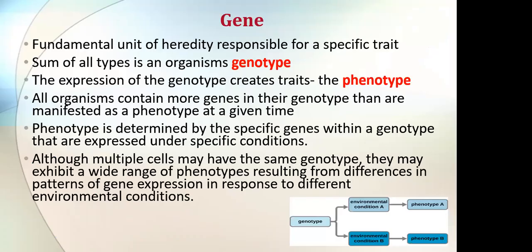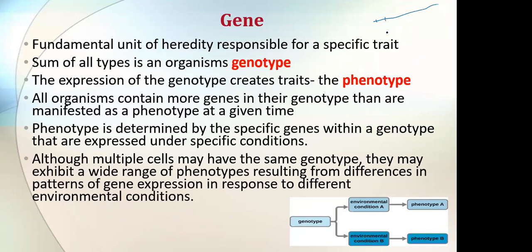So the gene, what is a gene? A gene is the portion of DNA or the chromosome that codes for a specific trait. We talked about that when we studied chapter 10.